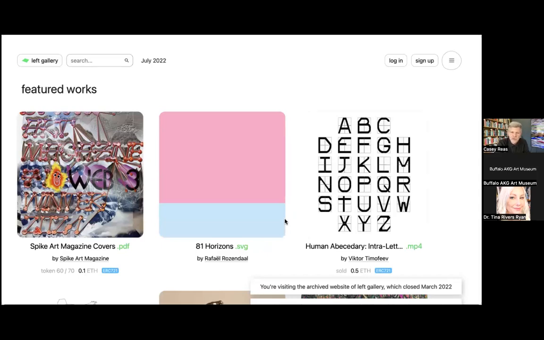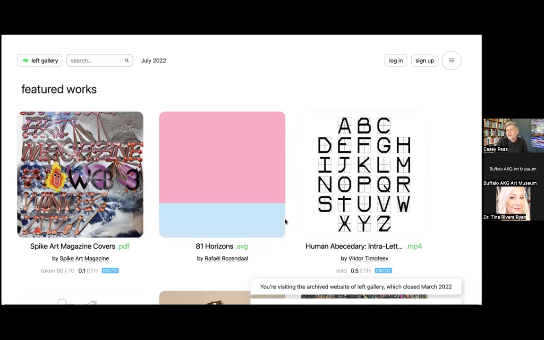The quote is, "We would sell downloadable objects in large editions for low prices. Customers could pay with crypto, PayPal, or a credit card. And then after purchase, we would manually transfer the token belonging to the purchase to those who had the interest in having them."